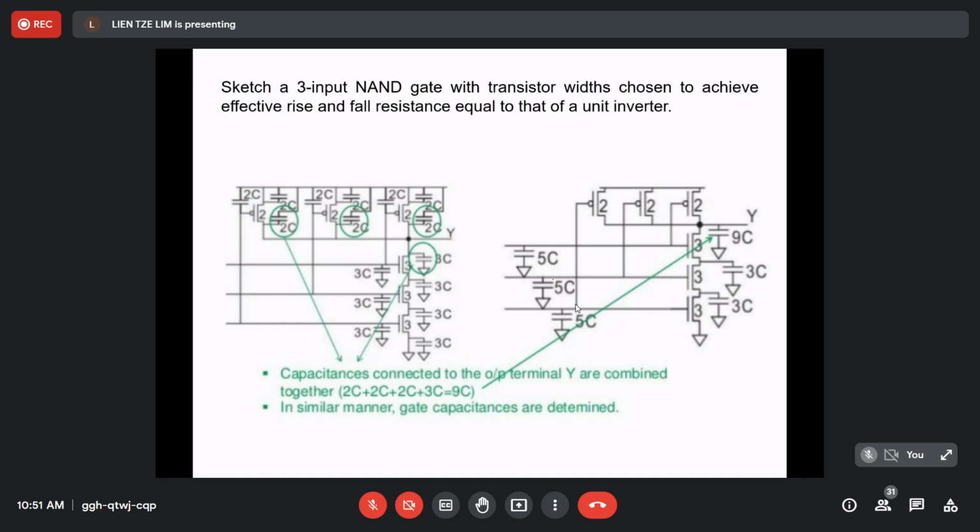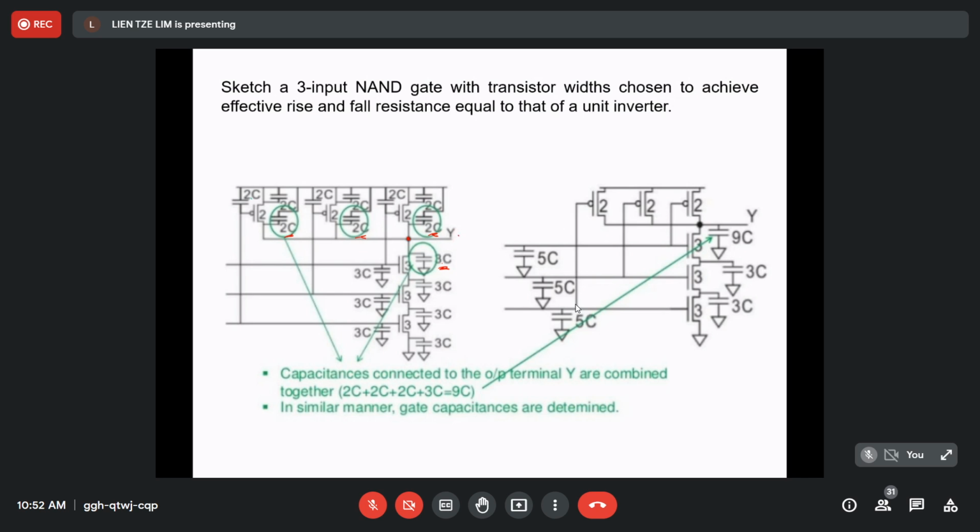For the output capacitance, point Y is the output. The capacitances connected to Y are 3C, 2C, 2C, and 2C. All these are junction capacitance connected at the output, so they can be lumped together to become the output capacitance.